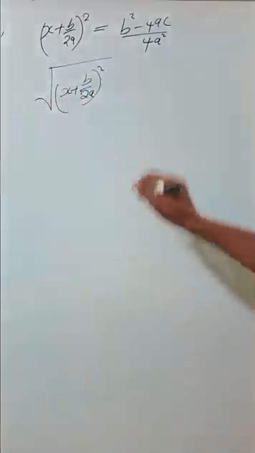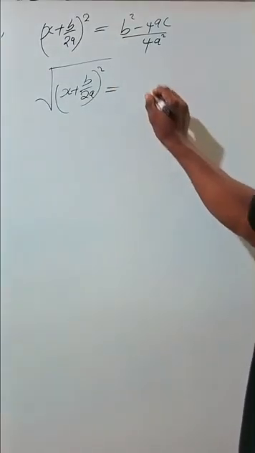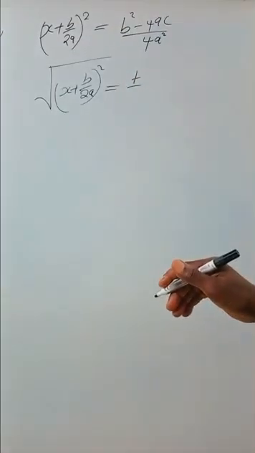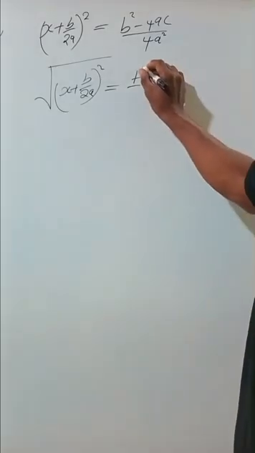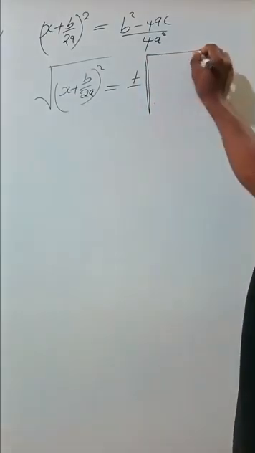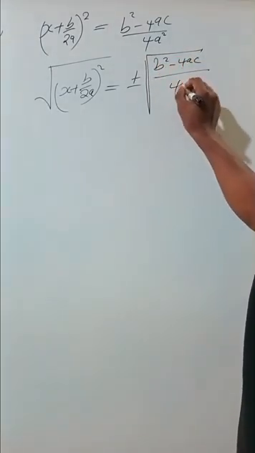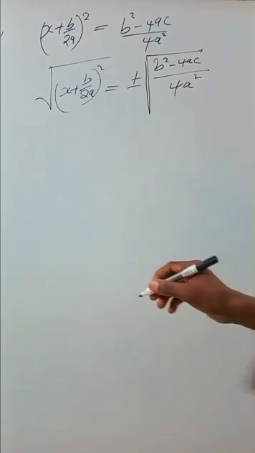For the right-hand side, we must put the sign plus or minus outside, because what we have are simply constants, they're not variables. Plus or minus the square root of b squared minus 4ac over 4a squared.